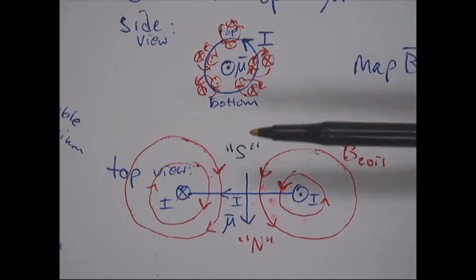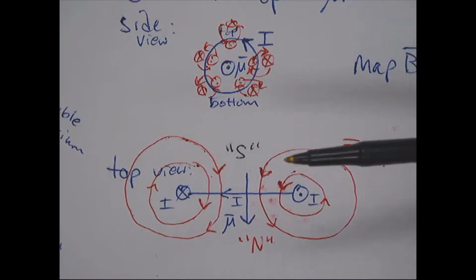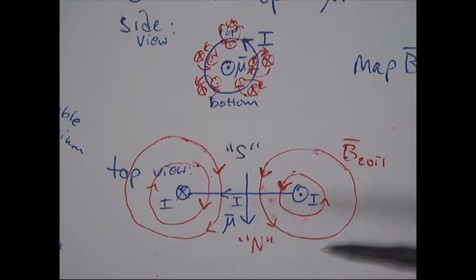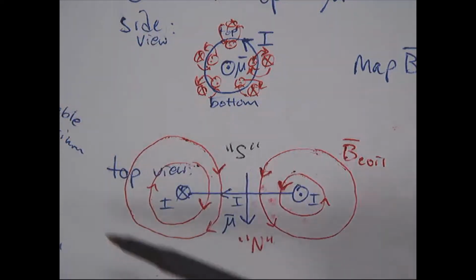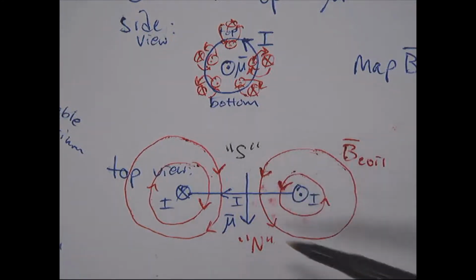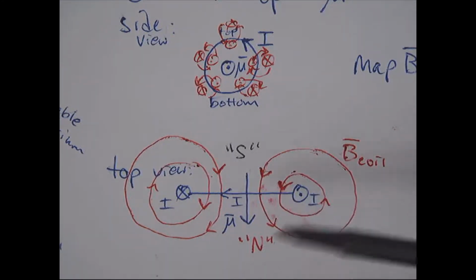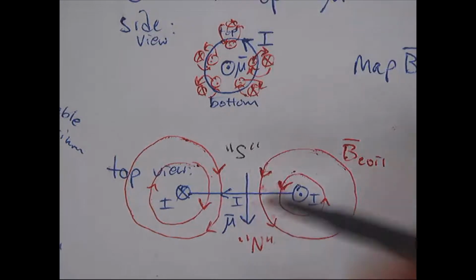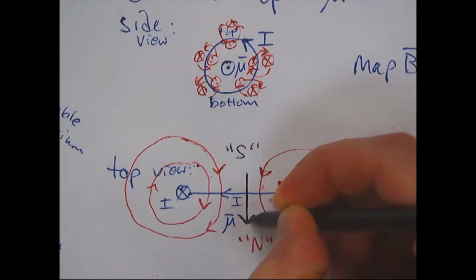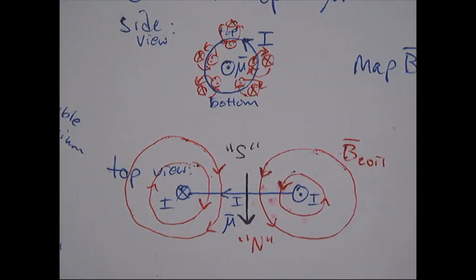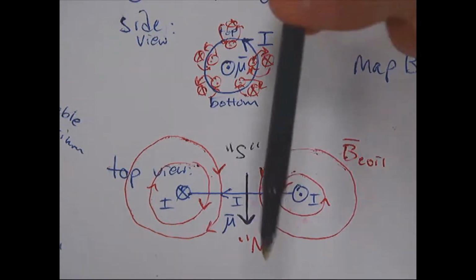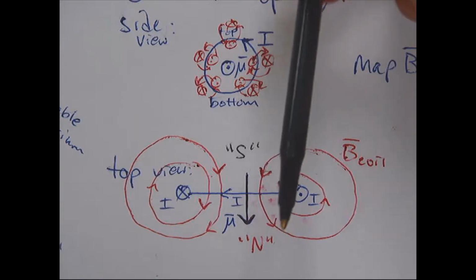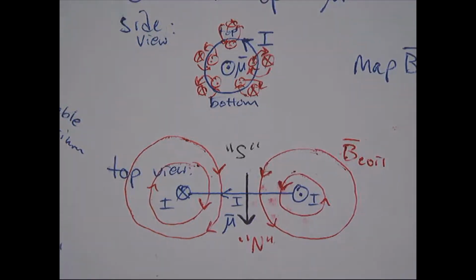If you looked at that from the top of the loop instead of from the side, what you would see is these circulating lines of magnetic field produced by the coil. And what that gives you is a dipole moment vector from the right-hand rule pointing from the effective south pole of that dipole towards the north pole.